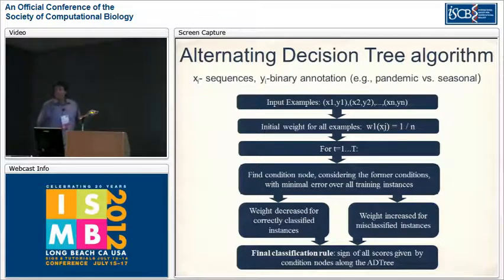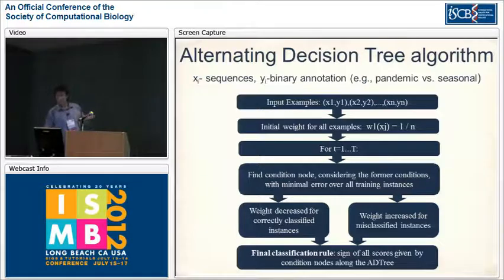And the algorithm goes over the sequences and tries to segregate them based on the amino acid positions in the sequence. The idea is first to find a good segregation, because if we cannot segregate them, then there's nothing to proceed. But what we actually aim for is to find the amino acid positions that are responsible for the decision.